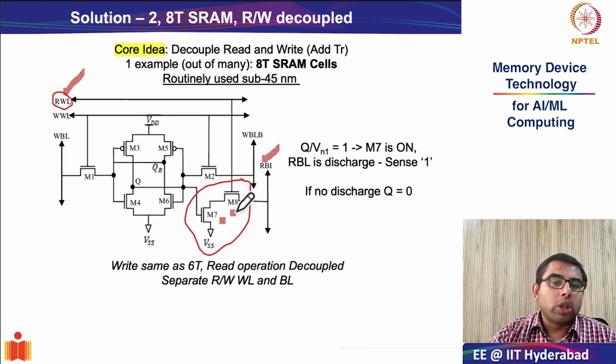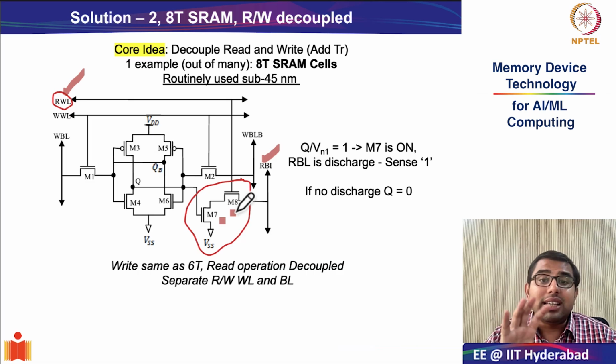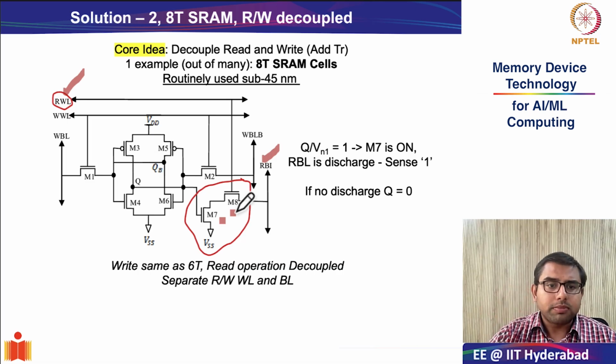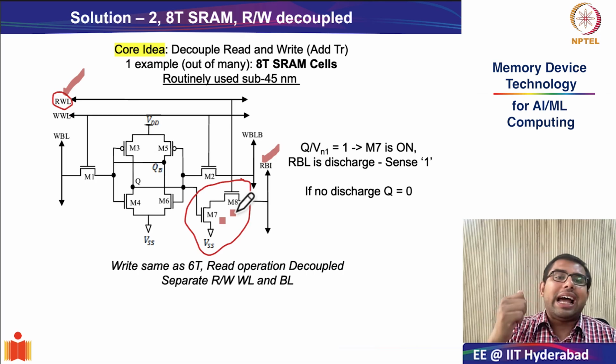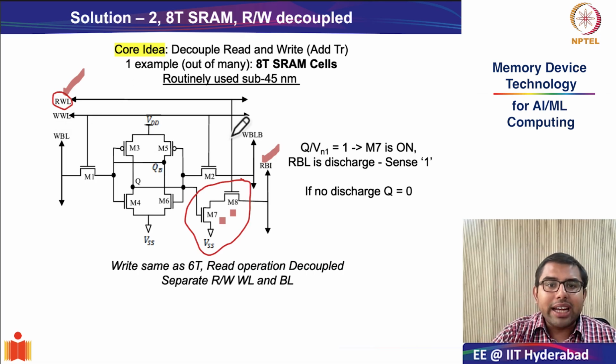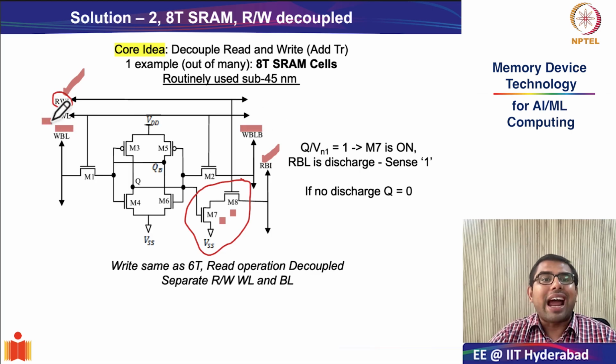Okay, so the operation of the 8T SRAM cell is fairly simple. If you look at it, the write operation is exactly identical to the 6T SRAM cell. So you have your write bit line and your write bit line bar and your write word line.